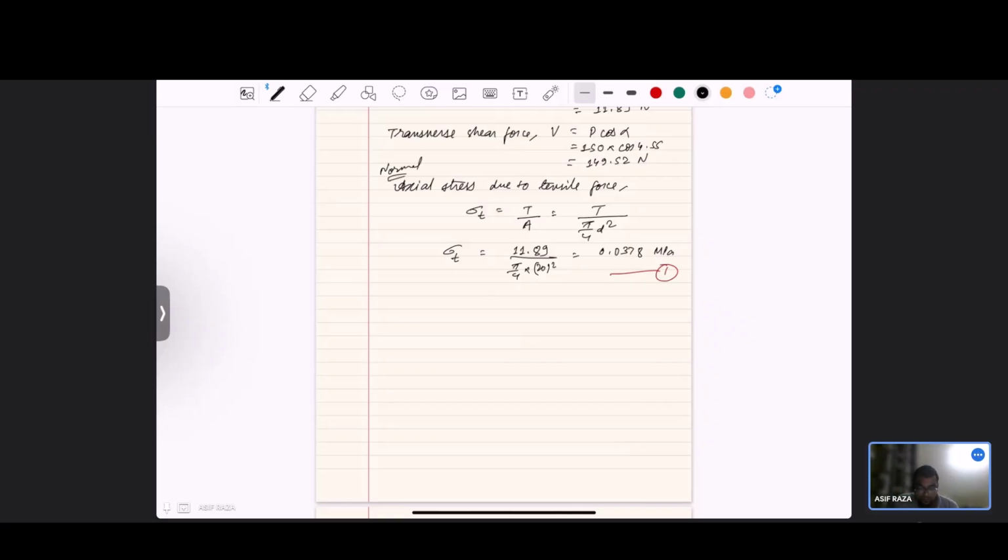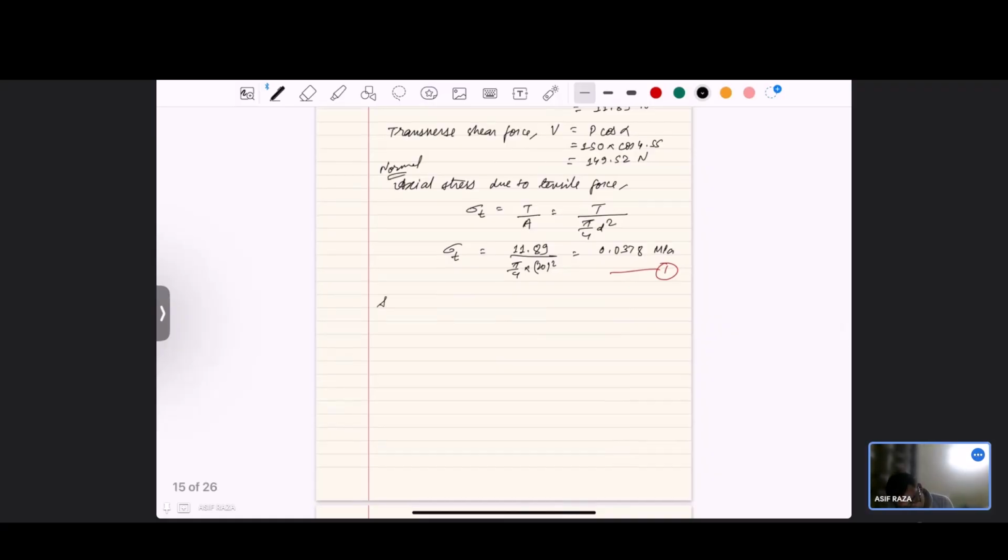Now the shear stress due to twisting moment, tau, due to capital T, would be equal to 16 T by pi d cube.